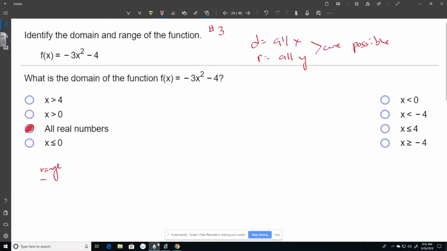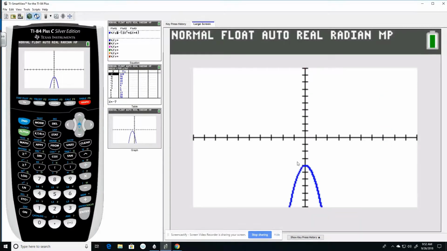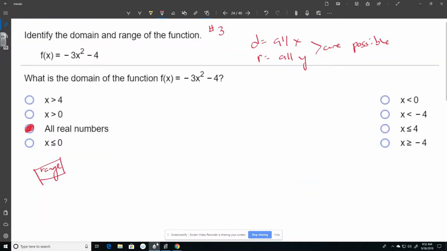I didn't copy and paste that question in here, but it's going to give you something similar and ask you, what are all the possible outputs? And when I look at that picture, y can be anything as long as it is lower than negative 1, negative 2, negative 3, negative 4. It cannot be bigger than that. So my y value has to be less than or equal to negative 4. And I'm done.